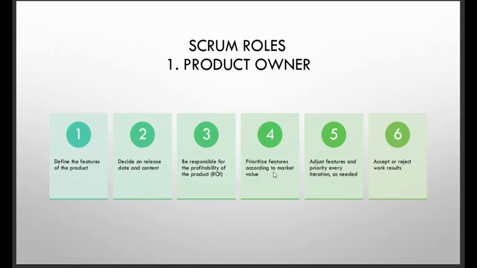A product owner interfaces with the clients, the owners of the business, understands their perspective and what they want to achieve out of the project, and then comes back to relate the same to the Scrum team. So he defines the features of the product based off of his or her interaction with the owners of the product.